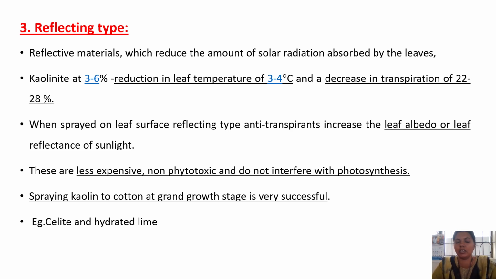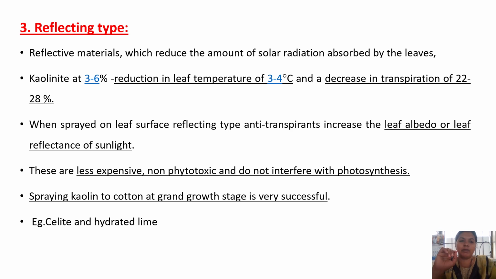So when solar radiation hits the leaf surface, it will reflect it back. For example, kaolinite at 3 to 6% will reduce the leaf temperature by 3 to 4 degrees centigrade. Just by reducing 3 to 4 degrees centigrade of leaf temperature, a 22 to 28% decrease in transpiration can be observed.